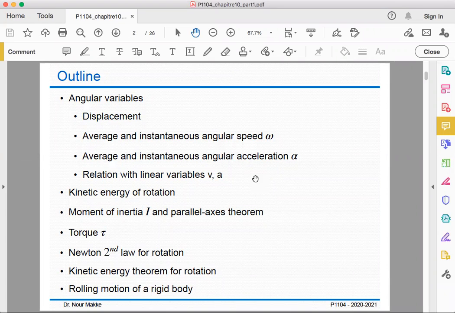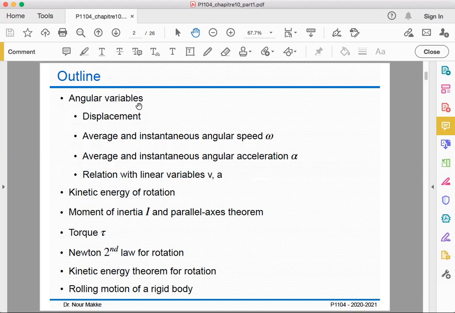In this new chapter, we are going to deal with the variables we already defined and presented in very early chapters when we were studying the translation. But in this case, we will define them in a new form by looking at the rotation instead of looking at the translation. And so this is why we call them the angular variables.